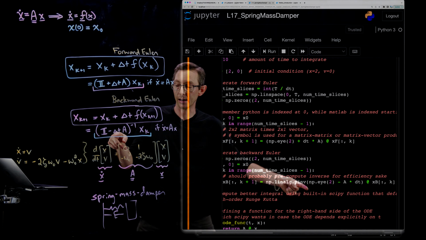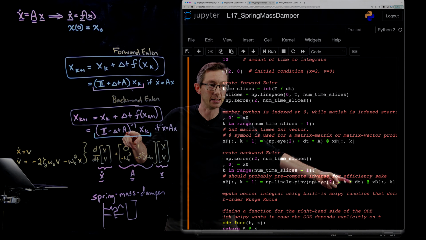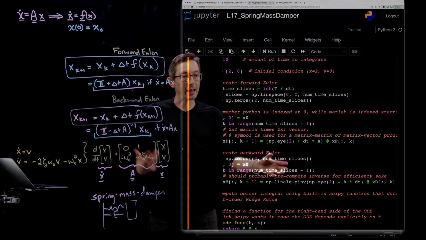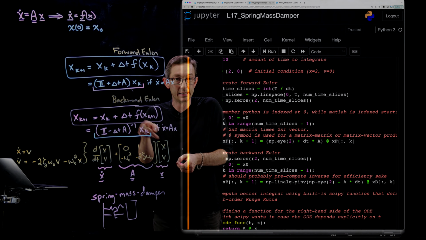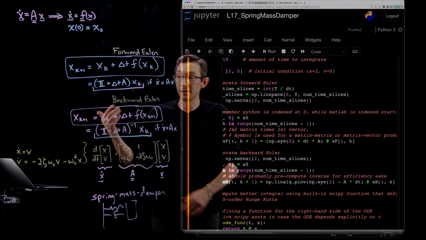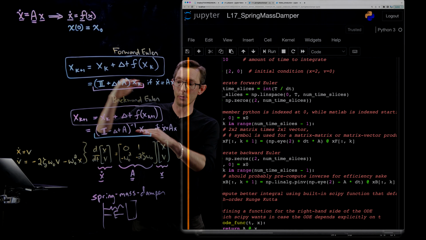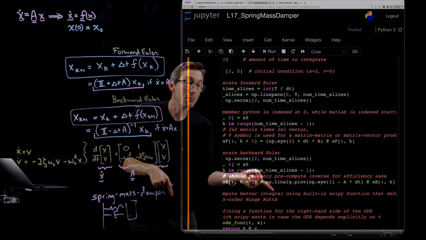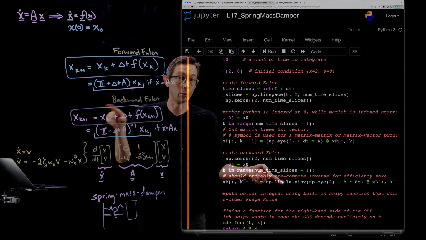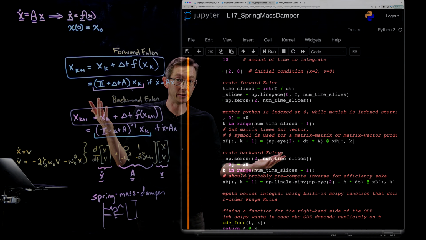That's the inverse of identity minus A delta t, times xk. So all that we're doing here is coding up this backward Euler integration scheme. The ones I've written down here are only for linear x dot equals Ax, but it's much easier to solve this implicit backward Euler for linear dynamics because it's just a matrix inversion.